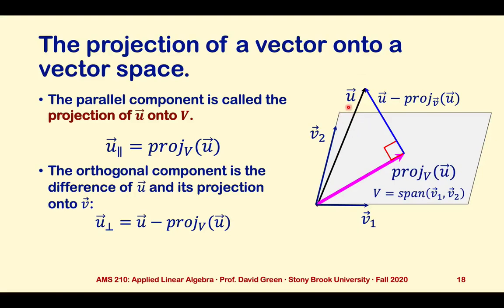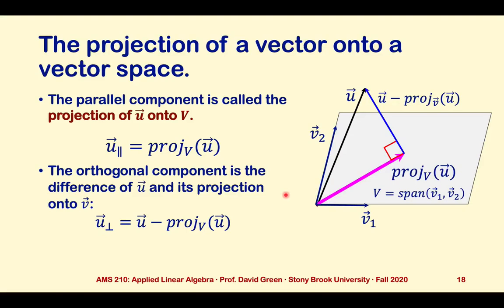We can think of this as the part of U, the component of U that lies in the vector space when we break it down into a parallel and orthogonal component. Of course, the orthogonal component, once again, is simply the difference of U and this projection. We form a triangle that looks exactly the same as the triangle we looked at before. Okay, this is our conceptual definition.